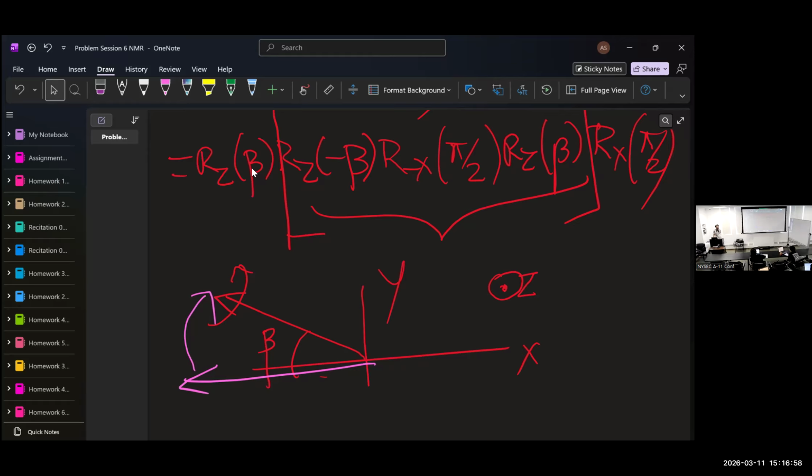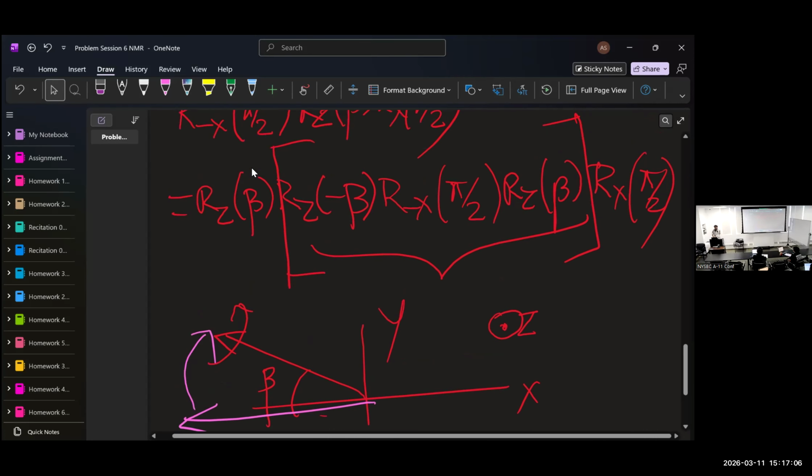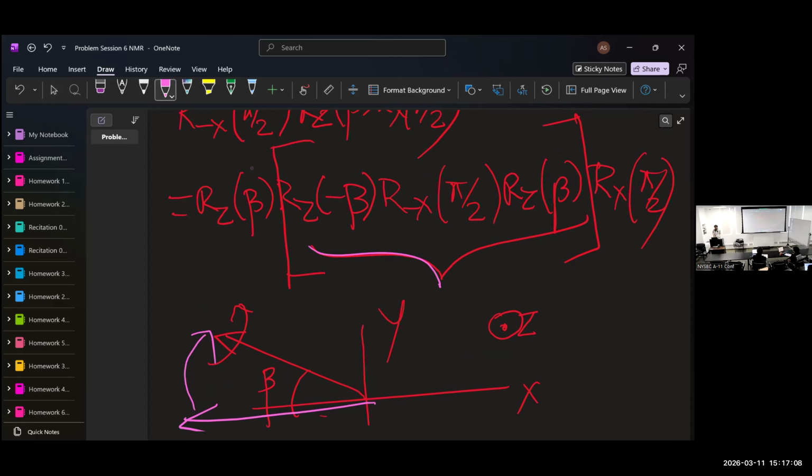I'm just considering this block here. What is this block describing? It's describing rotate around z through beta, then rotate through minus x, or pi over 2, then rotate back around z through minus beta.